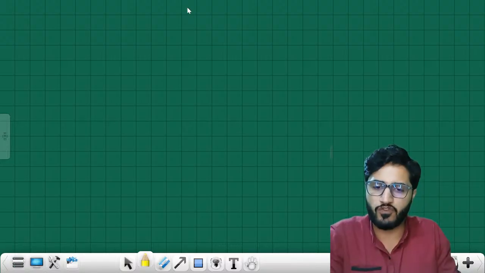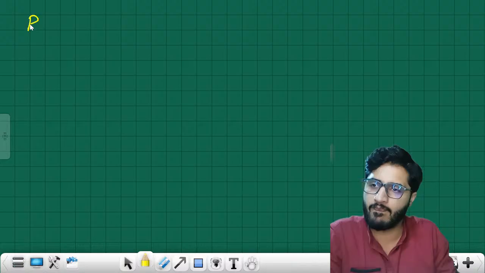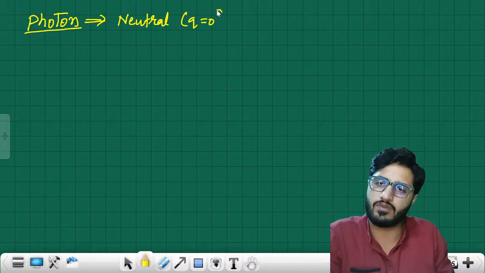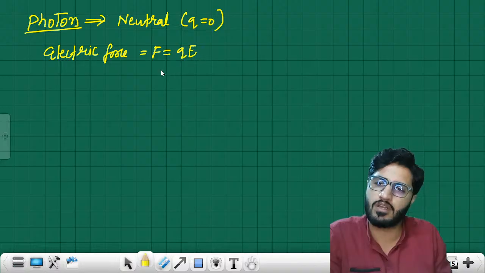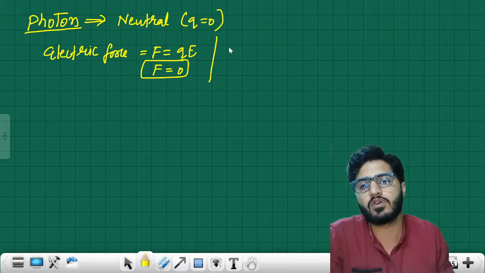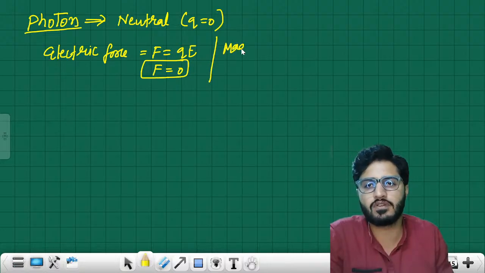If we talk about the photon, a photon is a neutral species. Neutral means Q equals 0. Do you know about electric force? Electric force is F equals QE, so can I write F equals 0? So it is not deflected by electric force. What is magnetic force?